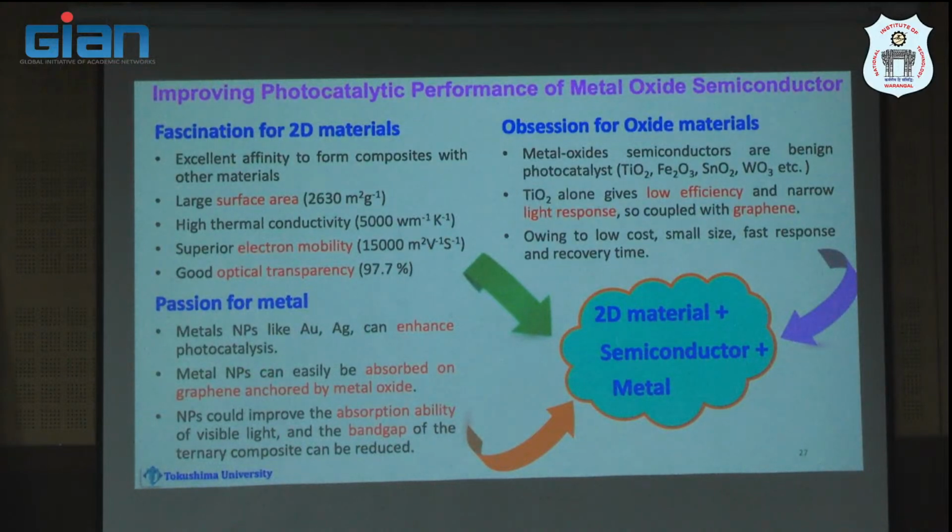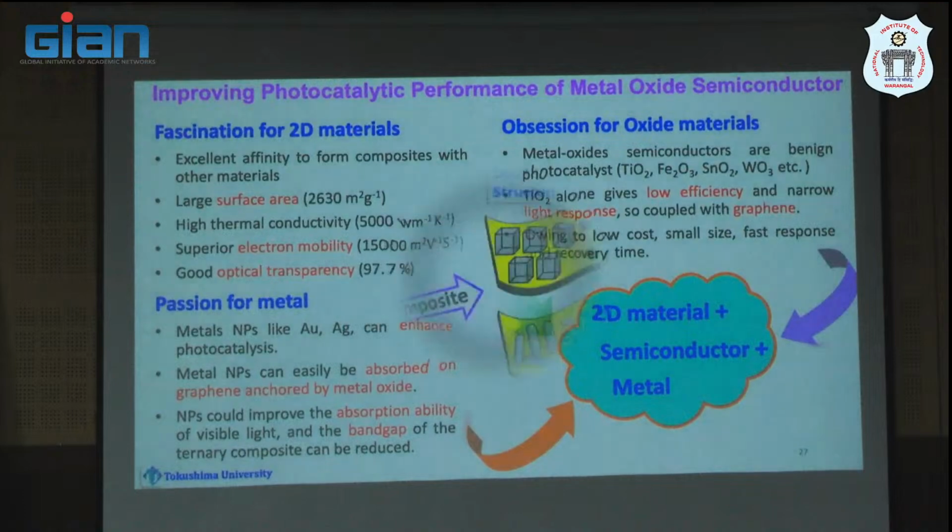The role of metal is the same as I told you: if I want to move to the door, somebody should push me. So this metal nanoparticle pushes these charges quickly and reduces the recombination rate. Each component has a certain role. So if you mix them together to make a ternary composite, the end result is good.